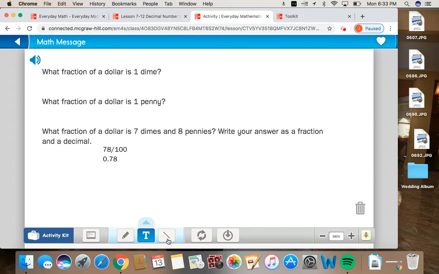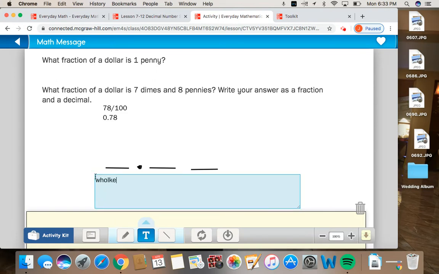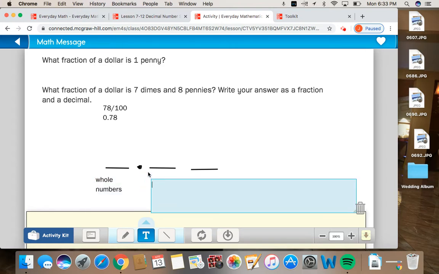Because if you remember, let's just take a look at what our decimal places look like. And I'm just going to make a very makeshift drawing over here of my decimal places. Here's my decimal point. And in this one over here, I have my whole numbers. Over here, I have my tenths place.